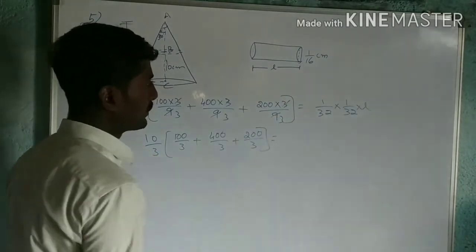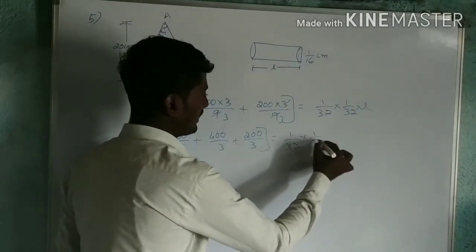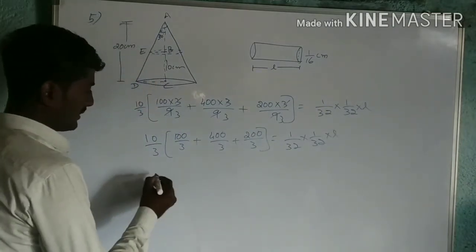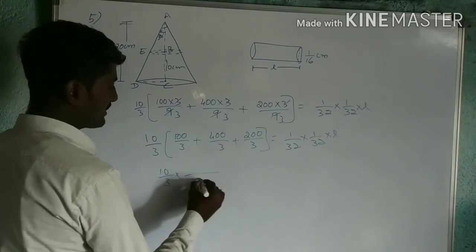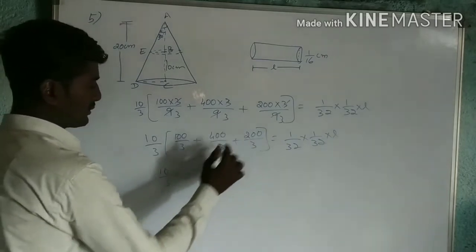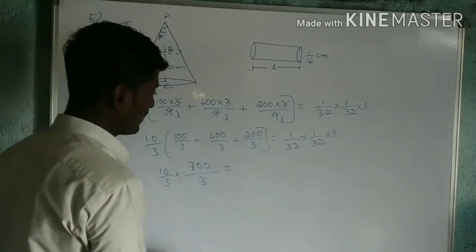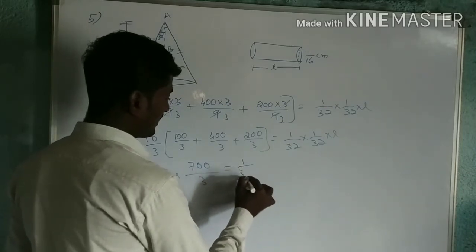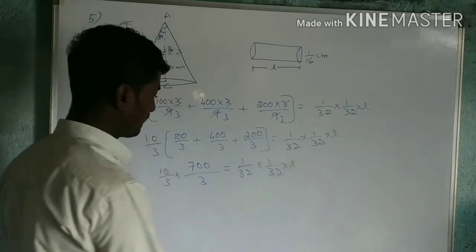Now this is equal to 1 by 32 into 1 by 32 into L. Next step, 10 divided by 3. In this case, LCM is 3. So 500 plus 200, that is 700. 700 is equal to 1 by 32 into 1 by 32 into 1 by 32 into L.